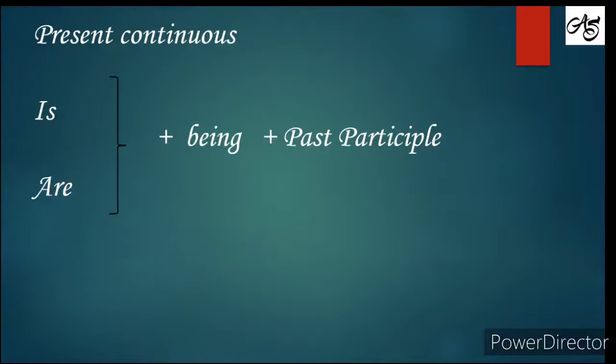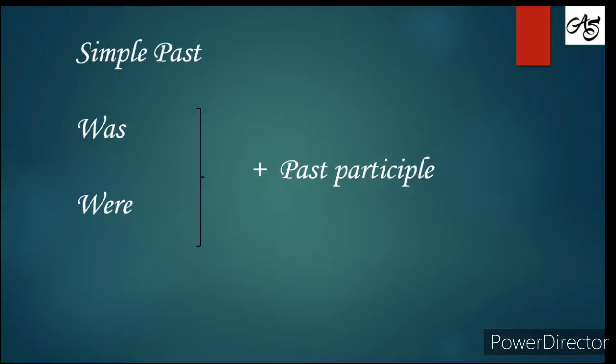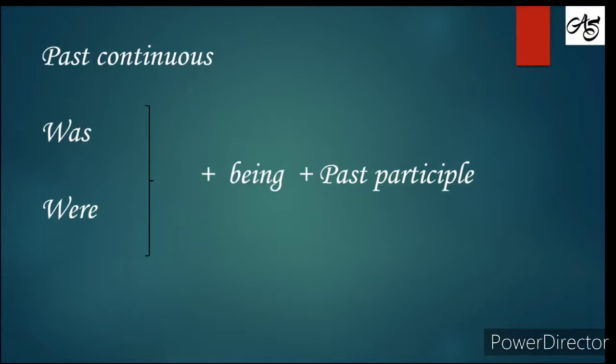Present continuous, is, are plus being plus past participle. Now come to the simple past tense. Was or were plus past participle. Past continuous. Was, were, being plus past participle.